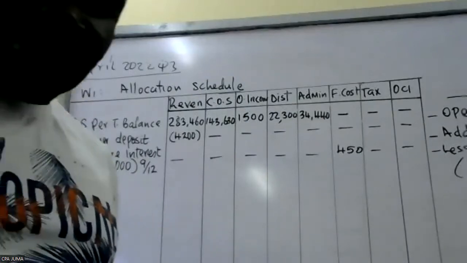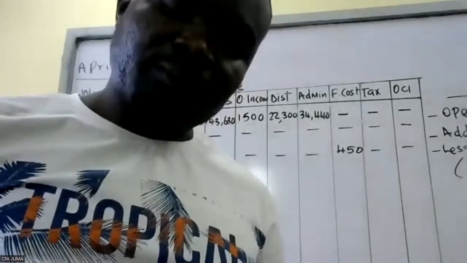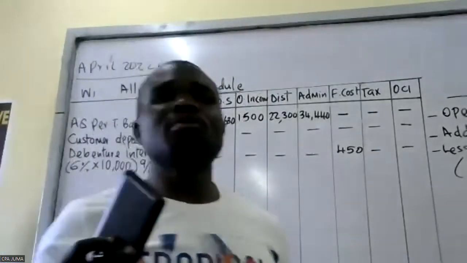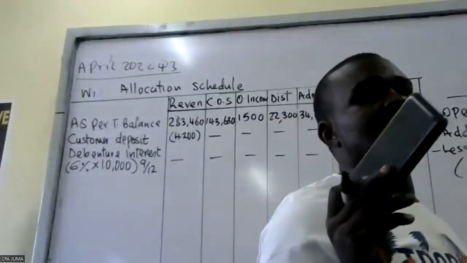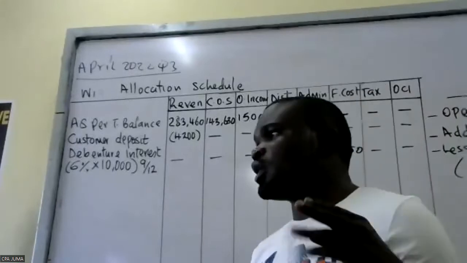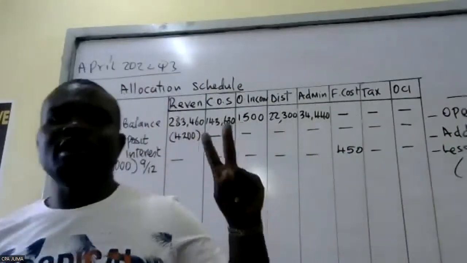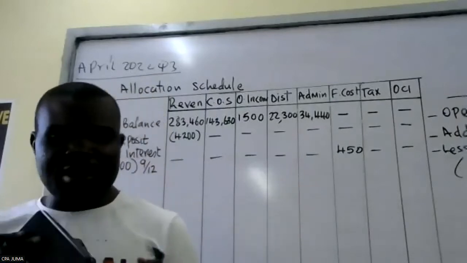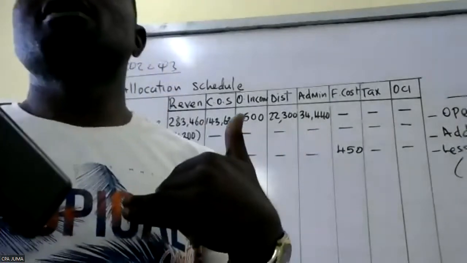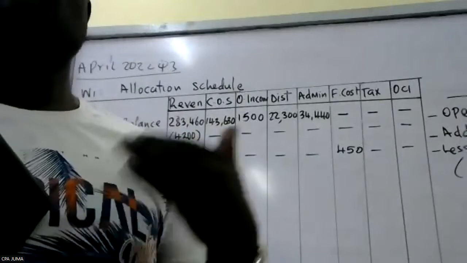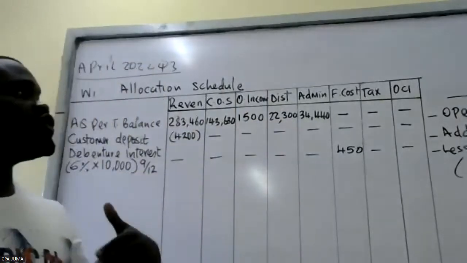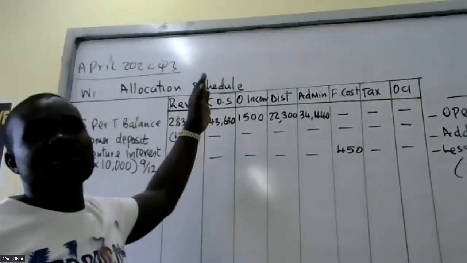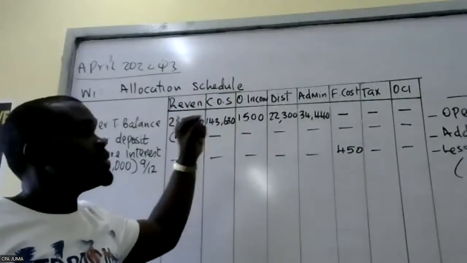Then I want you to listen and listen carefully. There is something called preference shares. Preference shares are mostly classified as redeemable and irredeemable. Redeemable, to redeem means to buy back, to get back your shares. So these people calling themselves redeemable, what happens?